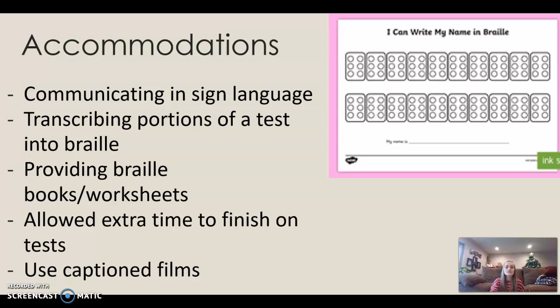In the corner you can see I put a worksheet where I can write my name in Braille. That's something you could give to the whole class just to get them a little bit familiar with Braille, so the other kid doesn't seem as weird to them. But that's also a way to help the kid with vision problems learn. So that's a good accommodation.